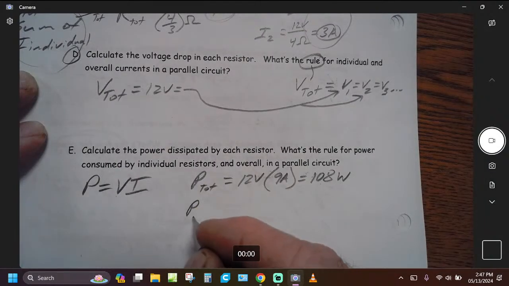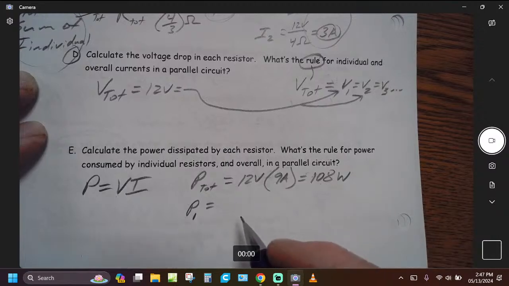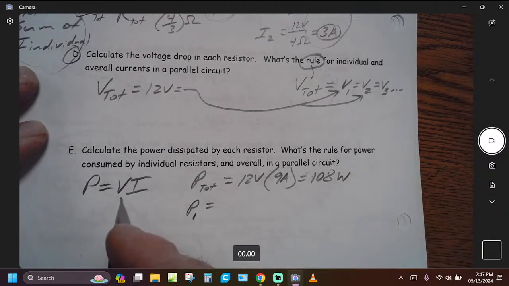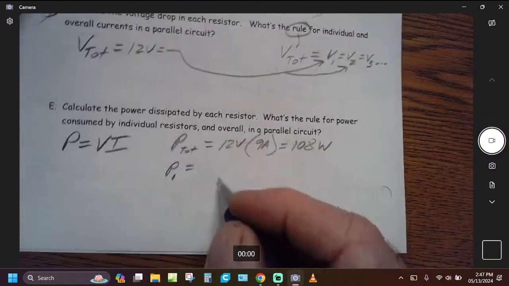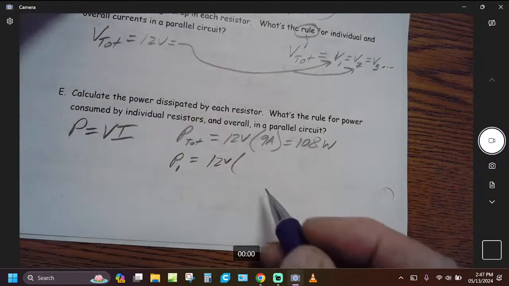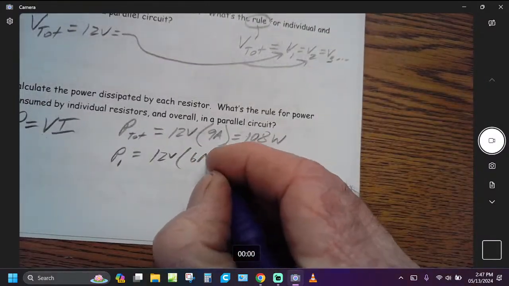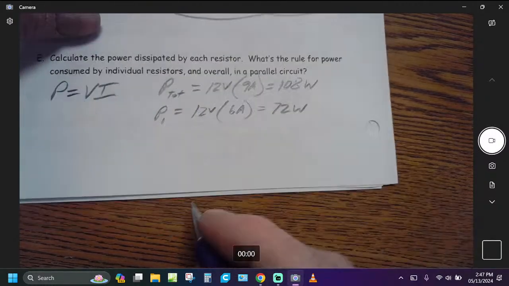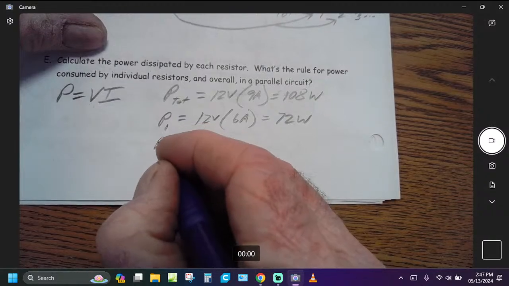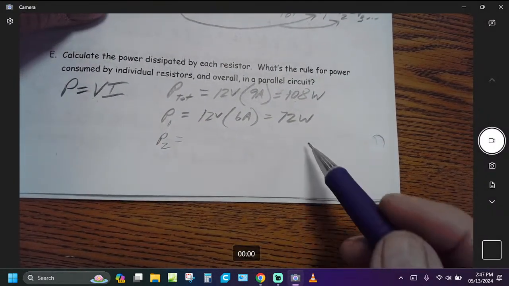And the power dissipated by the first resistor is going to be how many volts across this one? Yep, 12 across everything. So 12 volts multiplied by its current, which is 6 amps, and that's 72 watts.